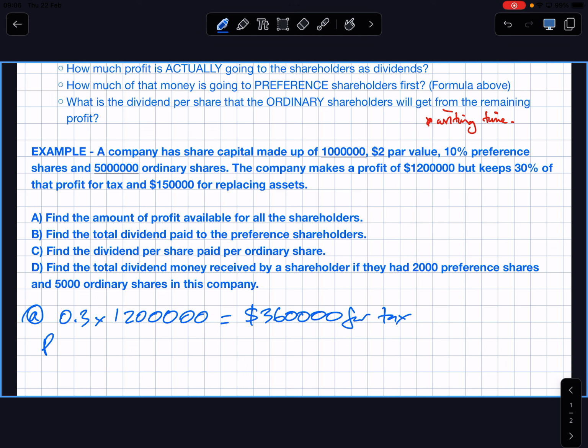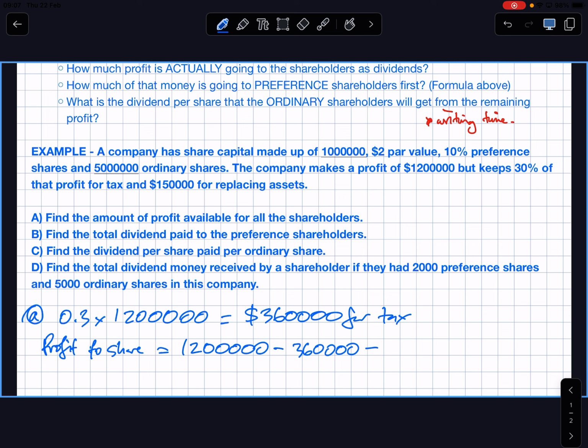So profit to share is going to be that 1.2 million minus the 360,000 they're keeping for tax, minus, are they hanging on to something else as well?